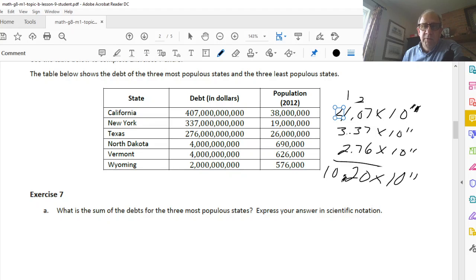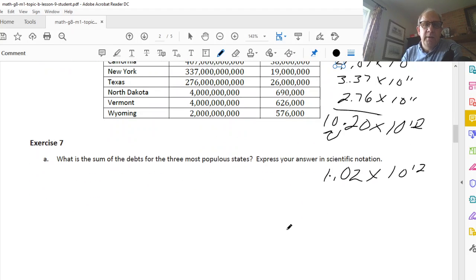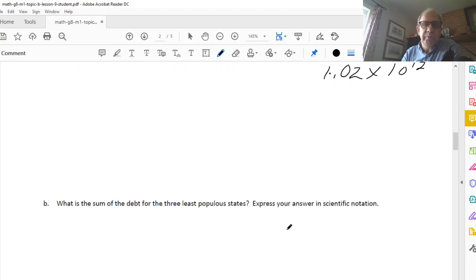But it's not in scientific notation anymore. I've got to move this one spot to the left. And if I move that one spot to the left, this is going to go up to 12. So the answer would be 1.02 times 10 to the 12th power. I can drop this 0 because it's not necessary. Right? So that's adding large numbers.